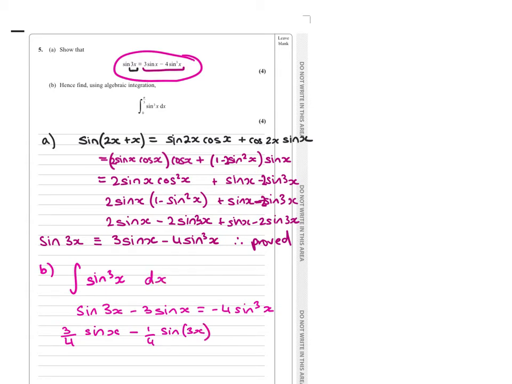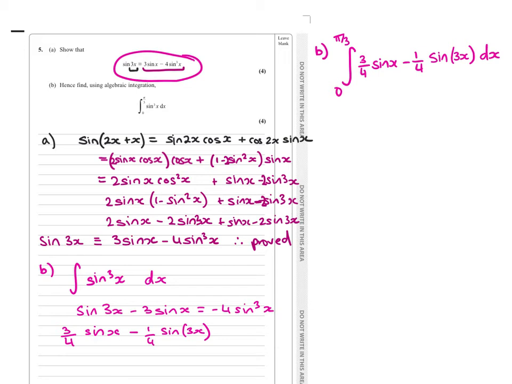So now I'm going to start part B again. I'm going to have the integral between pi over 3 and 0, and instead of sine cubed x, I'm going to have 3/4 sine x minus a quarter sine of 3x with respect to x, because we don't know how to integrate sine cubed x yet.